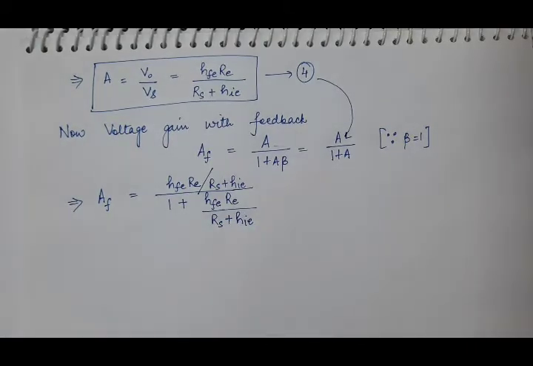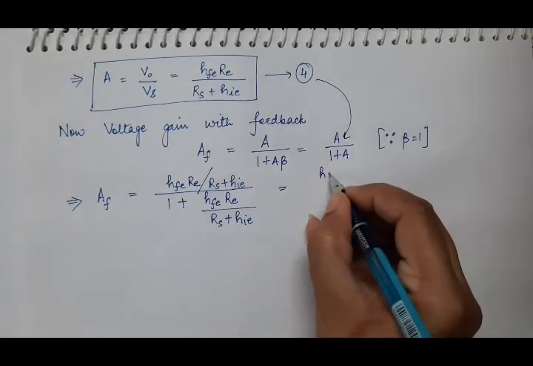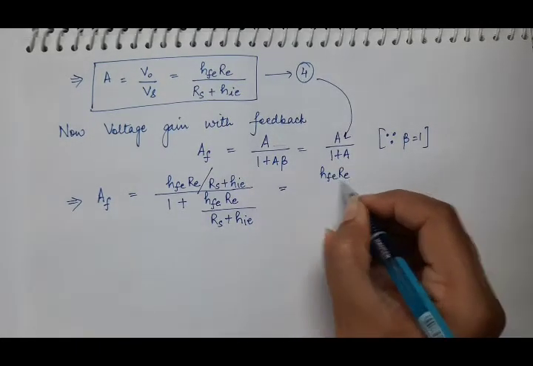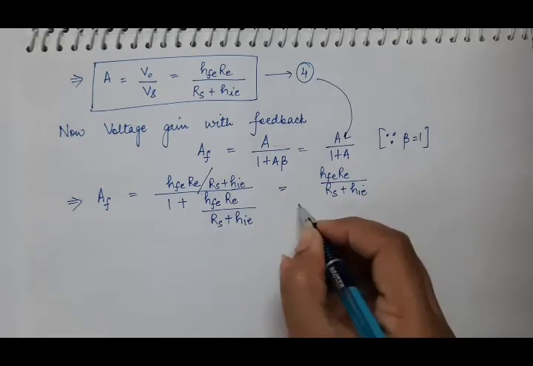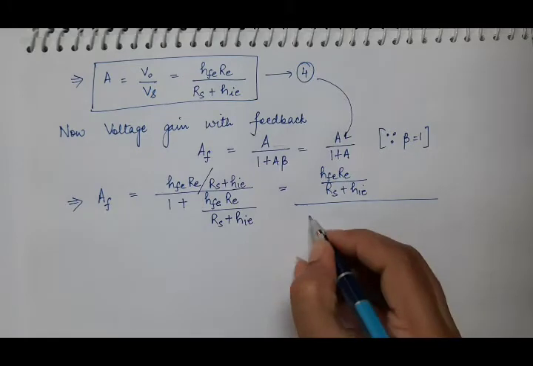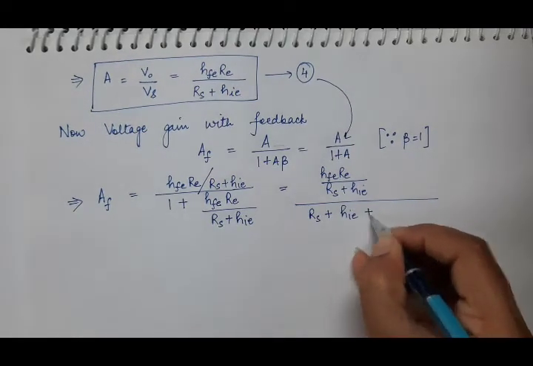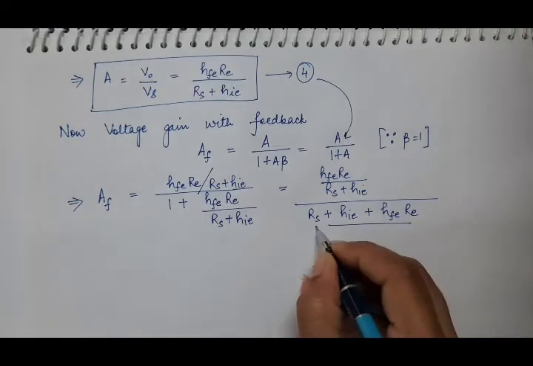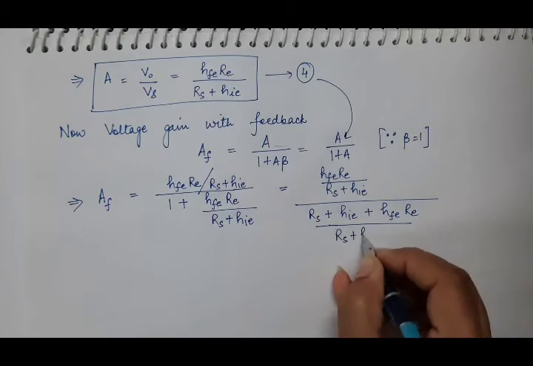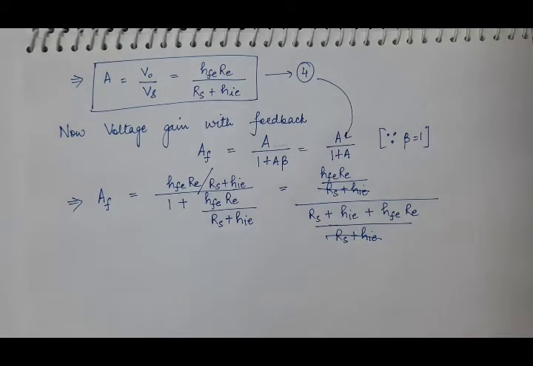Now we will solve this. Take LCM in the denominator. So we have HFE Re upon Rs plus HIE divided by, taking LCM, Rs plus HIE plus HFE Re divided by Rs plus HIE. So this will be cancelled out.